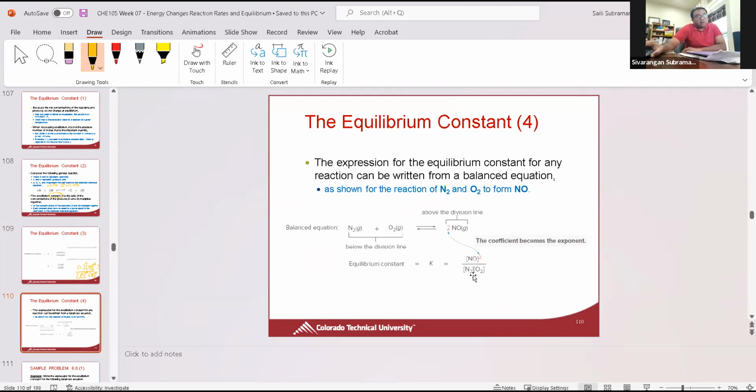Divide that by the concentration of nitrogen, divided by the concentration of oxygen. So these are the reactants. These are the products. But keep in mind here, the reactants, both of them have got 1. So that's why you have nitrogen concentration raised to the power 1.